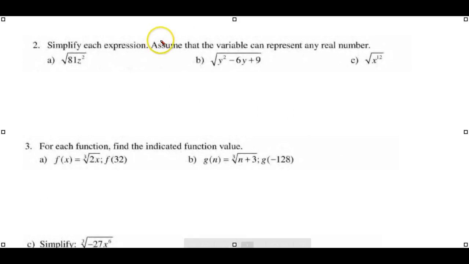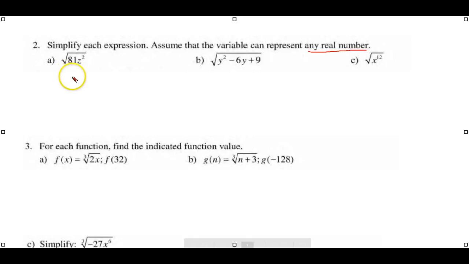Now in the above examples, we said we were thinking of the principal square root, but here they're assuming that it could represent any real number. So we have to say it could be a negative. So theoretically, we could divide this into two parts, the square root of this and the square root of that. And we see that here we have an 81.